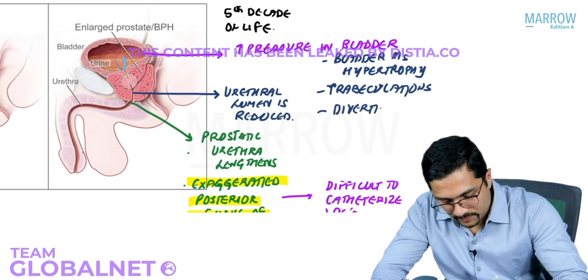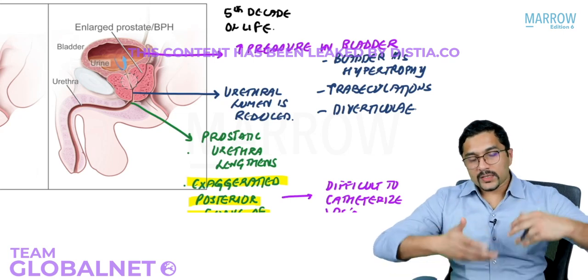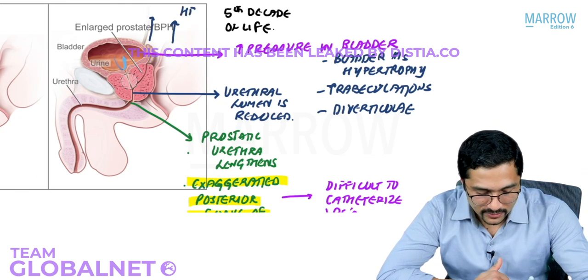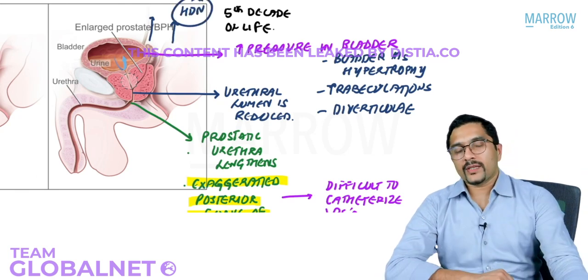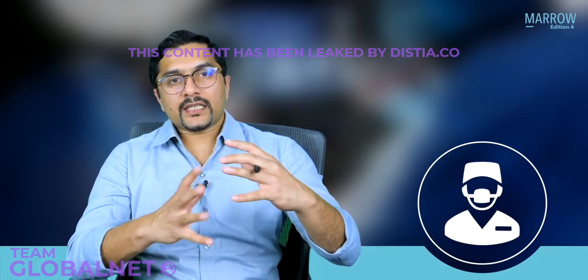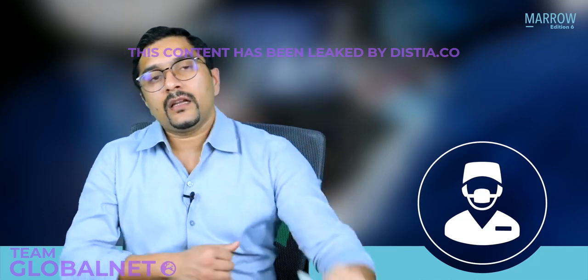Because of increased pressure, there can be diverticulae as well. Also, this pressure can get projected to the upper urinary tracts. There can be hydronephrosis also in these patients. So, with the enlarged prostate, these are the anatomical changes which happen in the urethra, the bladder, and the upper urinary tracts.